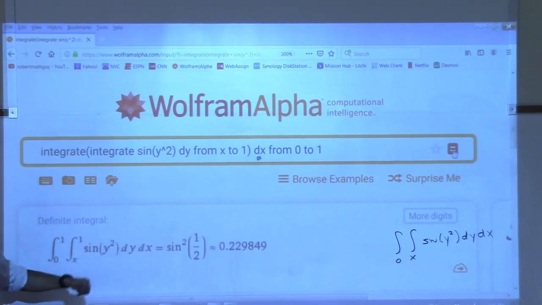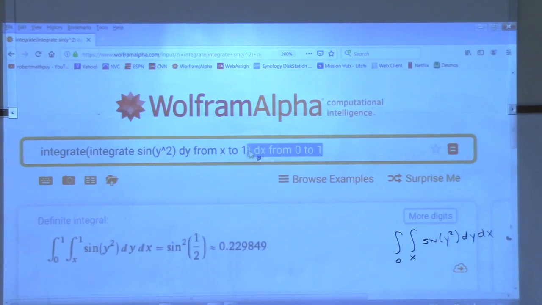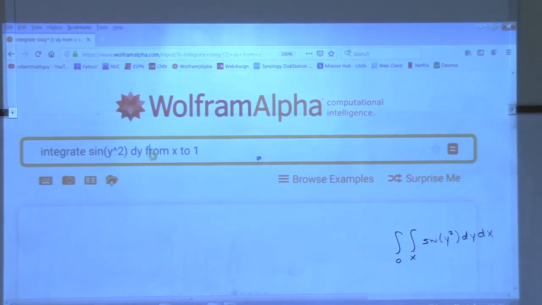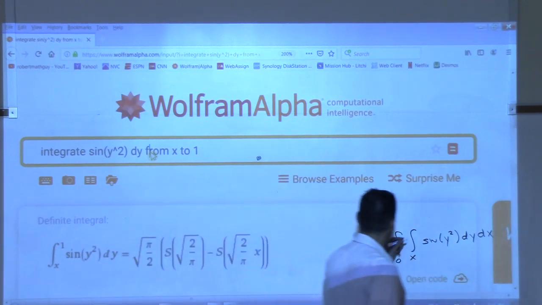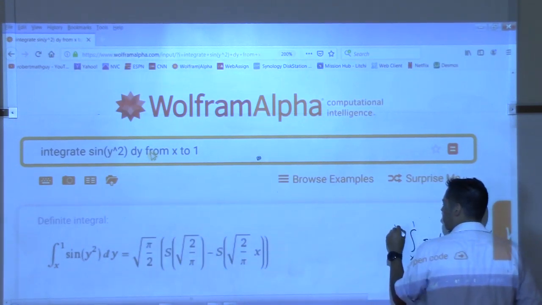Okay, so what happened here is that when we did this original integral, the limits of integration involve variable expressions, right? From x to 1 and 0 to 1.